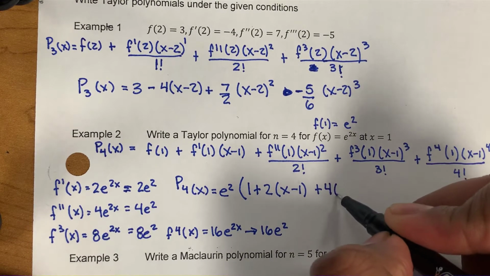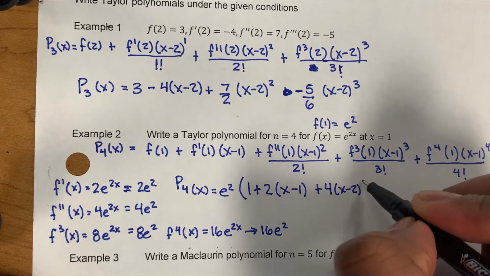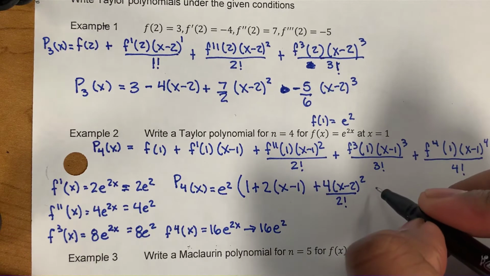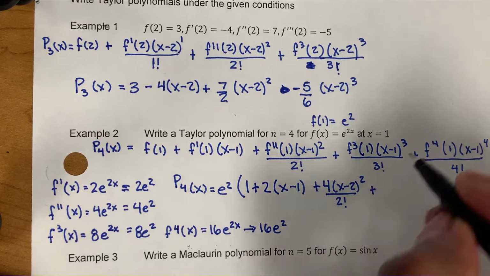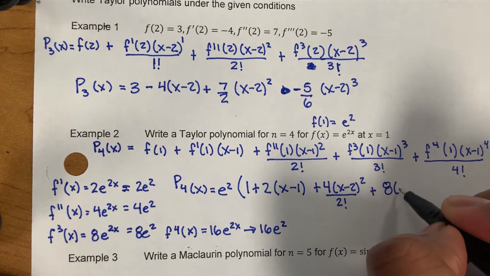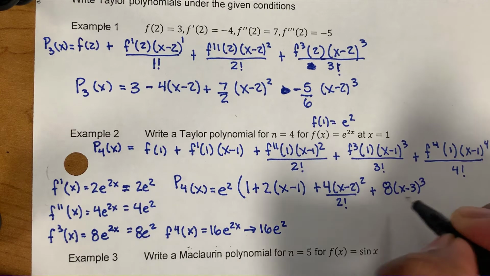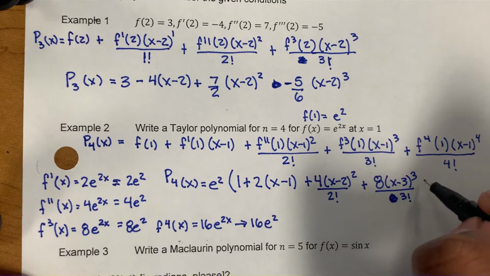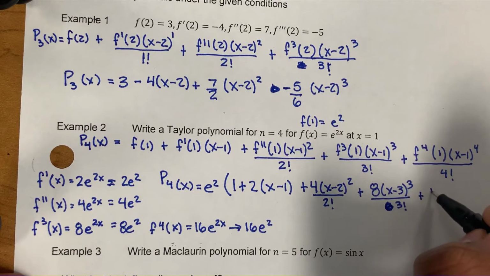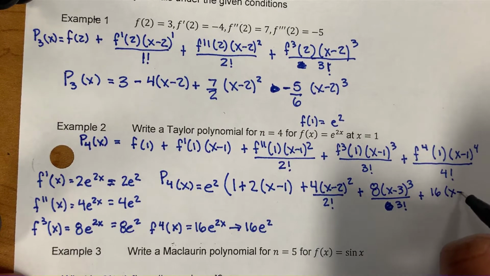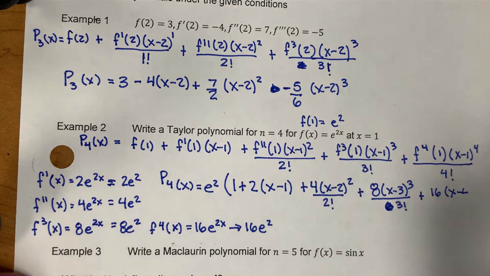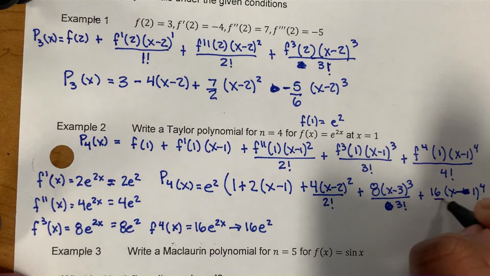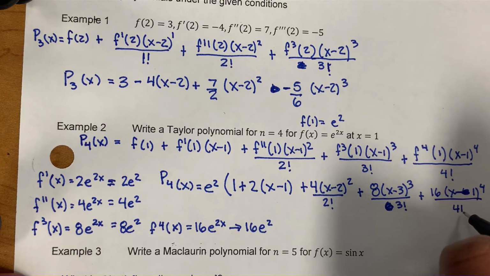So 4 times x minus 1 squared over 2 factorial plus, then the third derivative is going to be 8 times x minus 1 cubed over 3 factorial, and finally plus 16 times x minus 1 to the 4th over 4 factorial.